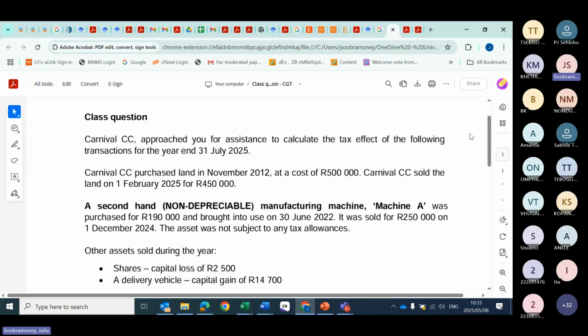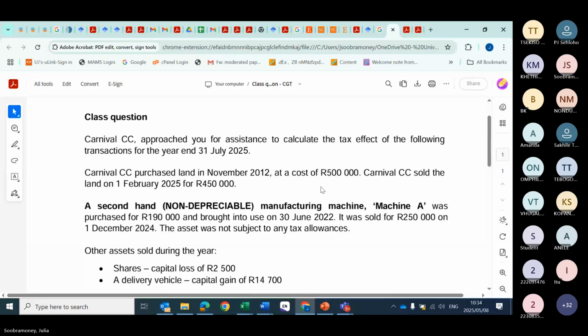Okay? The rule says if you land up on a net capital loss, the loss can only be deducted against other capital gains. So if your final answer is a loss, you're going to have to carry it forward to the next year of assessment. So you're not going to say capital loss multiplied by 80%. No, you're not going to say that. What you will say, you'll say net capital loss. Under that, you'll say carried forward to the next year of assessment. Okay, please make a note of that as well.